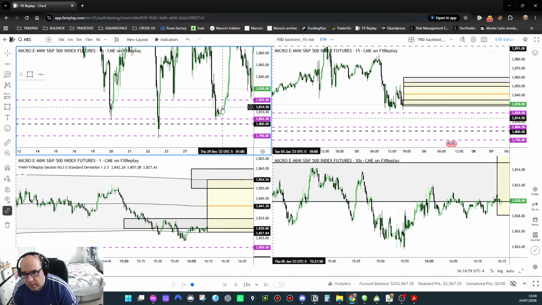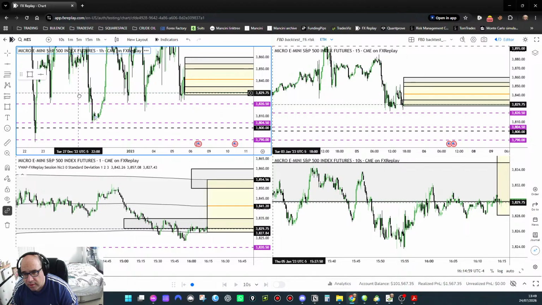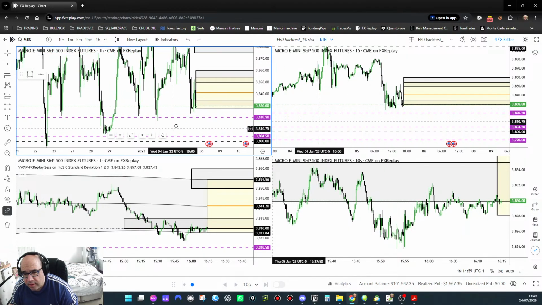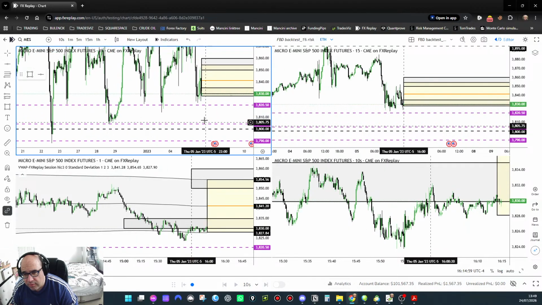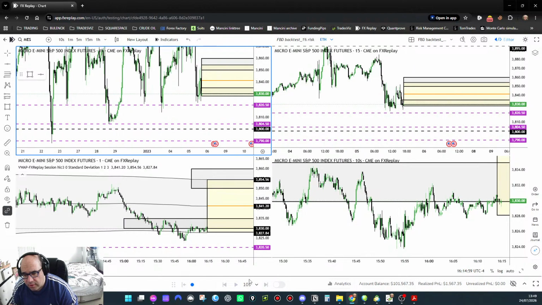We're currently very close to this level up here. We may drop it and go down here, but we'll see how that goes. Okay, so I think we're ready to go now.